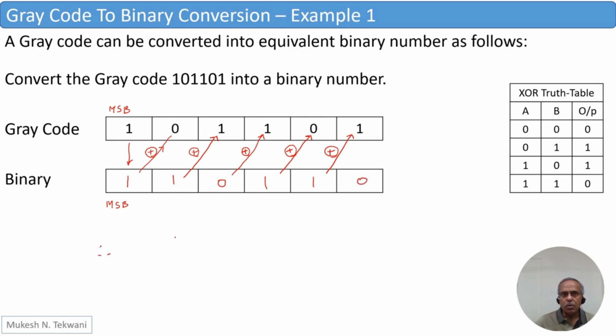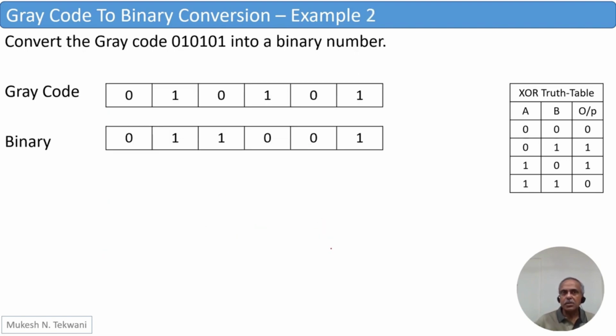And therefore we can say that 101101, this is of the gray code. So let us just write this subscript as GC, gray code. This is equivalent to 110110, this is of the equivalent binary value.